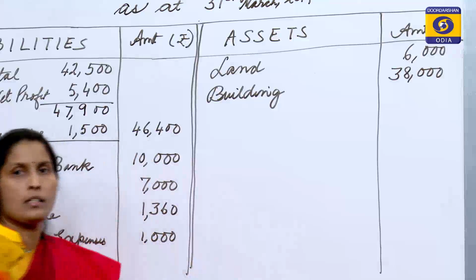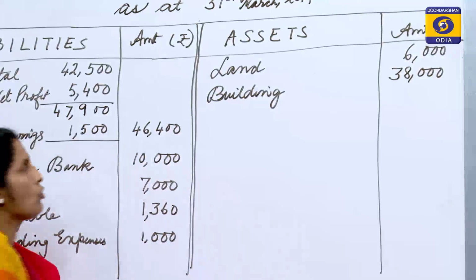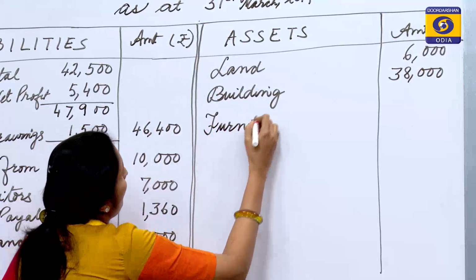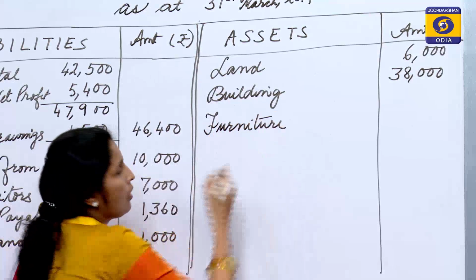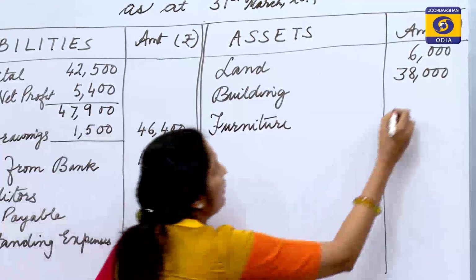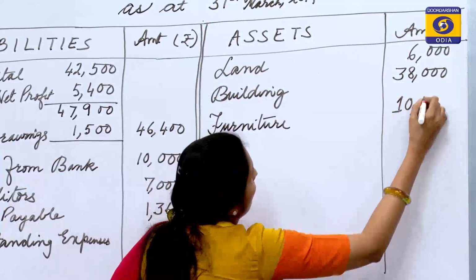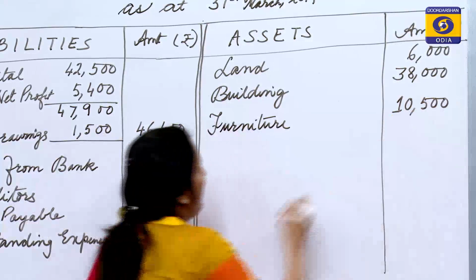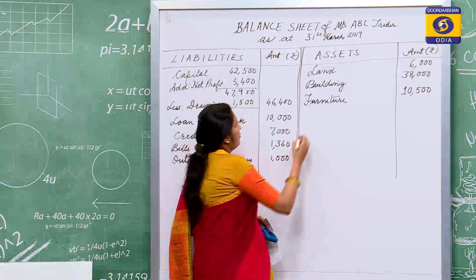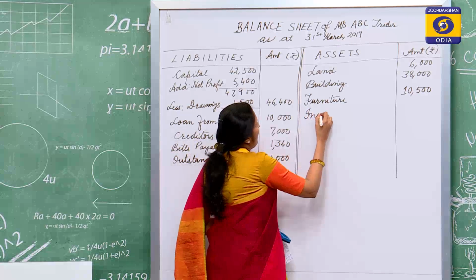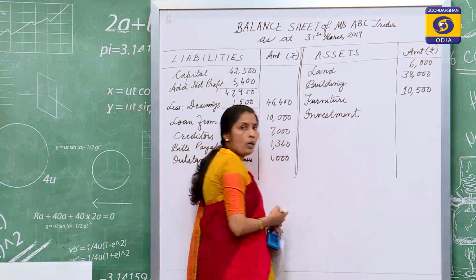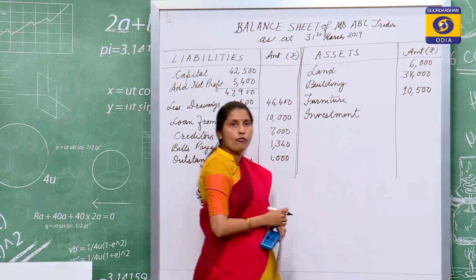Next item on the asset side will have furniture. So the amount of furniture given to us in the question is 10,500. The next item we can find is investment. So investment, the amount of investments given to us in the question, that is 4,000.